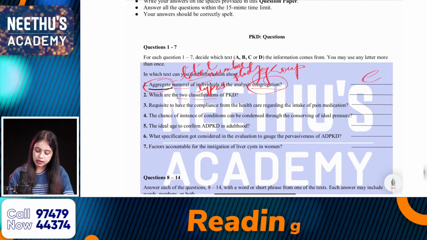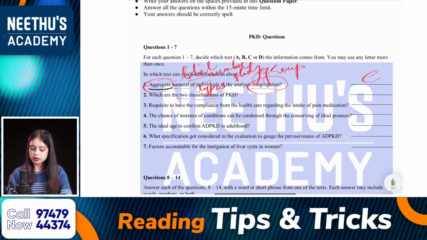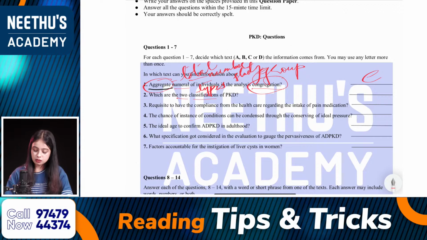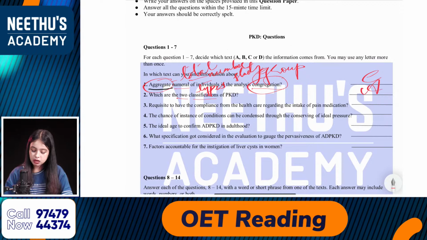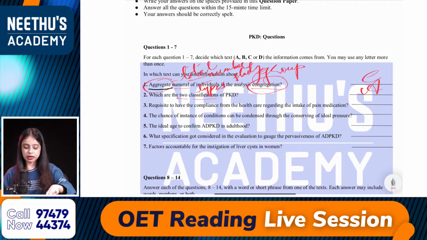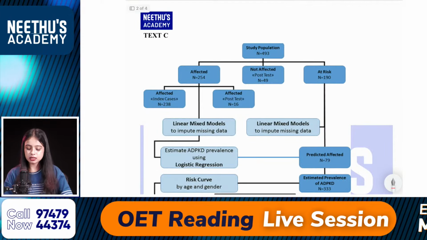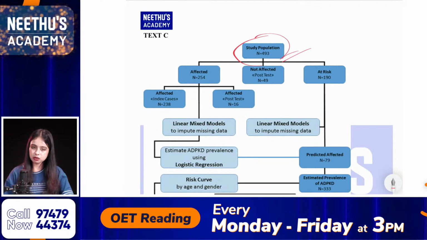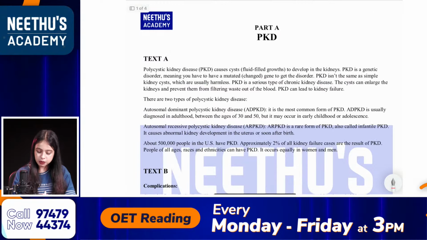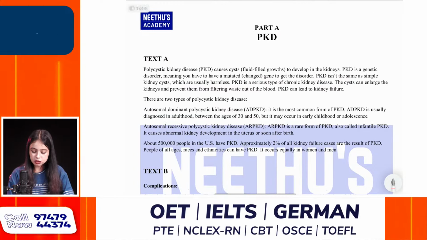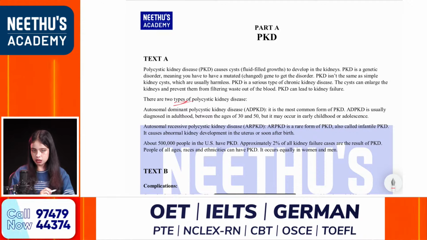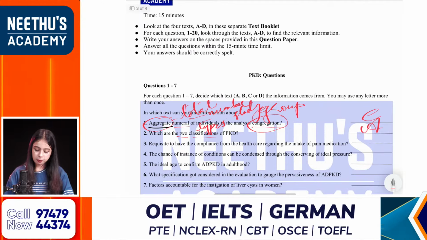I can say types. So which are the two types of PKD? Yes, the answer is from text A. So the first question is text C, study population, number of people. And the second question is from text A, two types of PKD. So the answer is A.